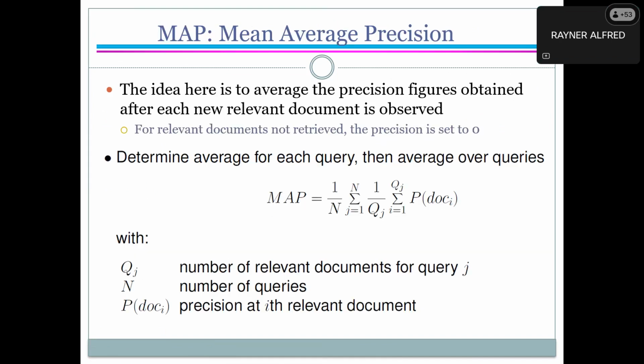Okay, so this is how they compute area under the curve. Okay, so they call it mean average precision.